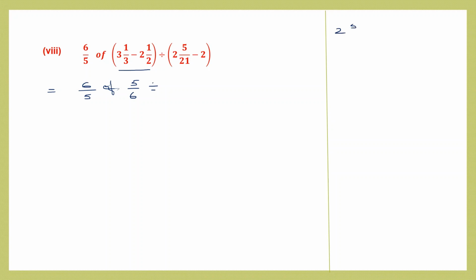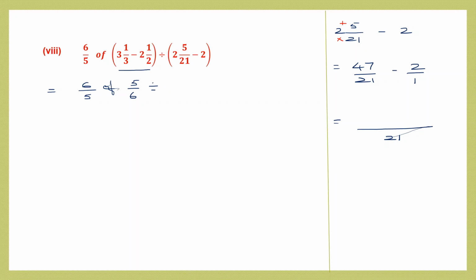So 2 5 by 21 minus 2. Now let's multiply this. 21 into 2 is 42 plus 5. That will be 47. 47 by 21 minus 2 by 1. So the LCM will be 21 itself here.